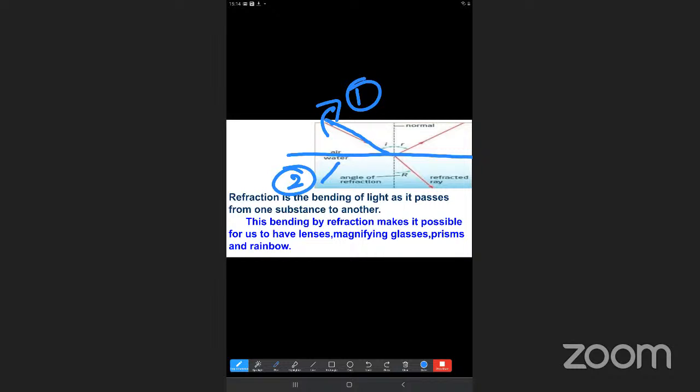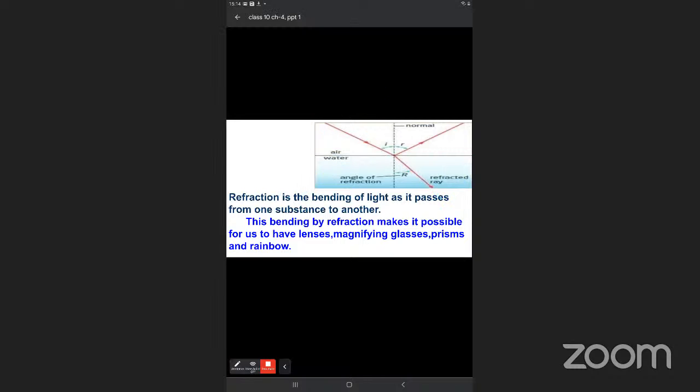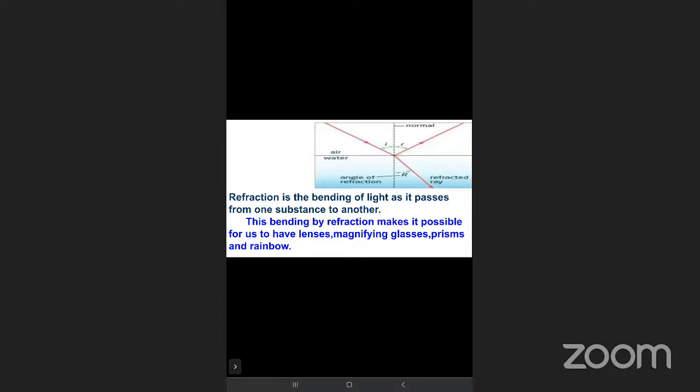So we observe refraction. That means refraction is the bending of light when it travels from one medium to another medium. You can see here the bending of light that takes place. It will not travel in a straight line. So this bending by refraction makes it possible for us to have lenses, magnifying glasses, prisms, and rainbows.